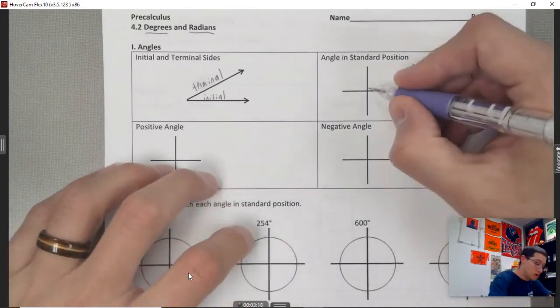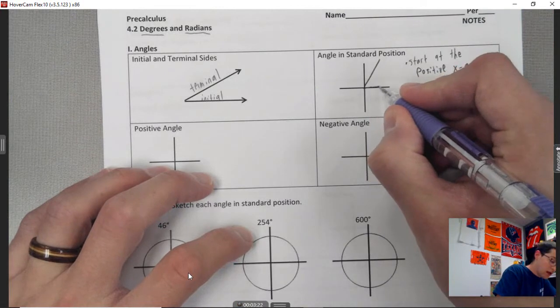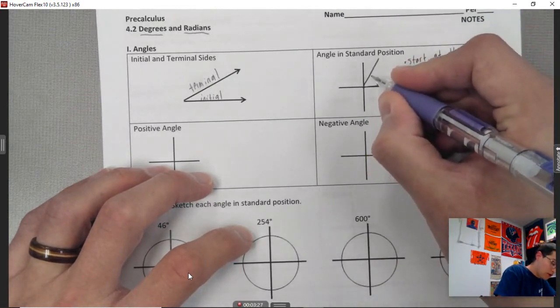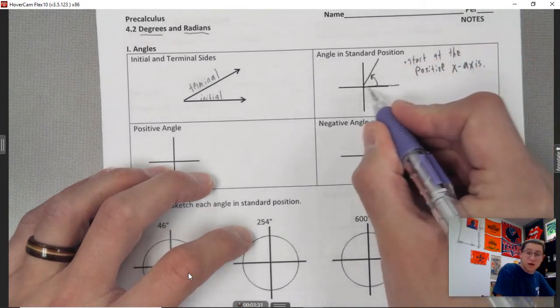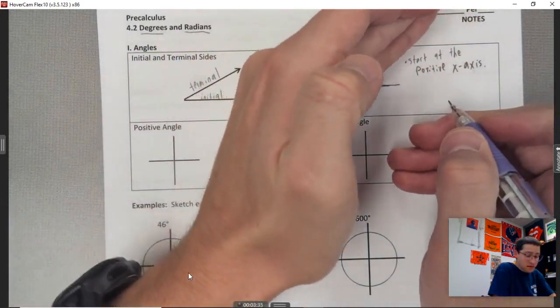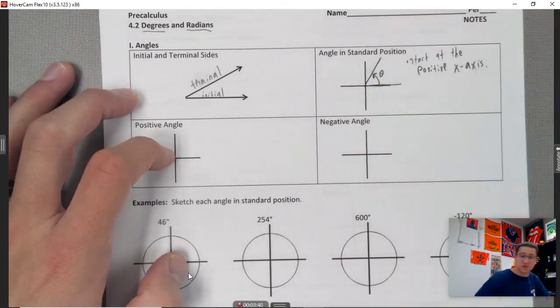Yeah, so an angle in standard position will be something like this. I like to draw an arrow to show where the angle began. This is where the measurement begins, and then I'm opening up into the angle. So this angle right here would be in standard position.